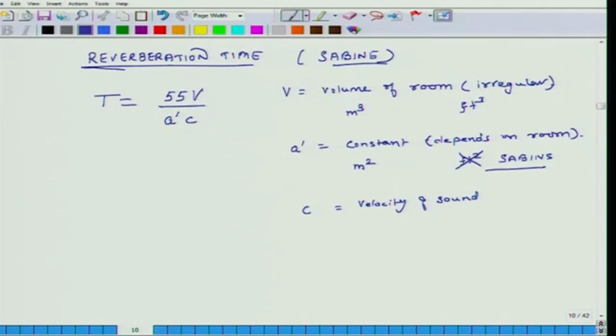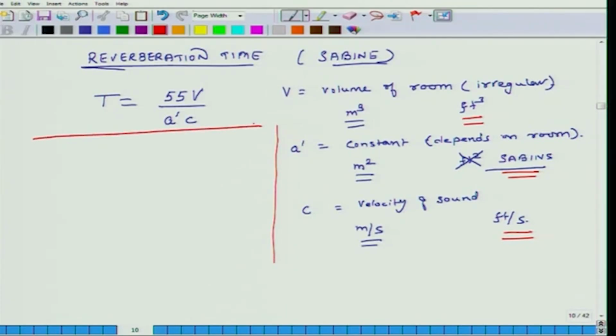the velocity of sound, and that is either in meters per second or in feet per second. So either I use these units to calculate the room constant, or I use those units. What is the room constant? I have introduced this topic, but there is a mathematical definition for the room constant.